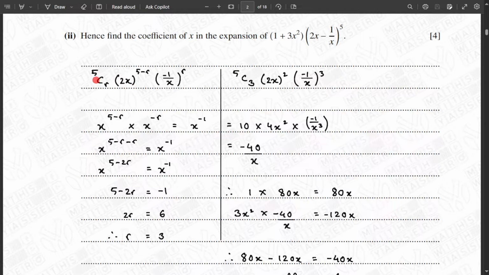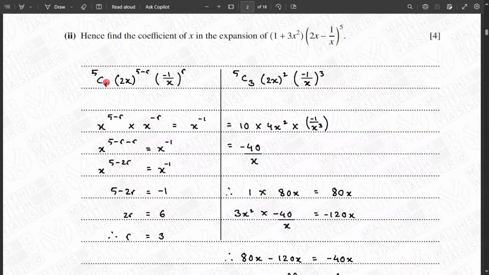So now we need to find the coefficient of x^(-1) for this, because when 3x^2 gets multiplied with this expansion, if we have a coefficient of x^(-1), by multiplying 3x^2 with the coefficient of x^(-1), we will get x as the coefficient of x.